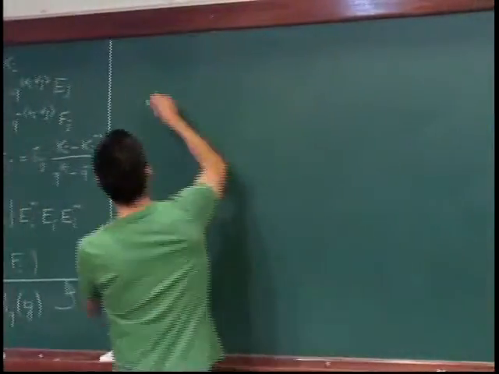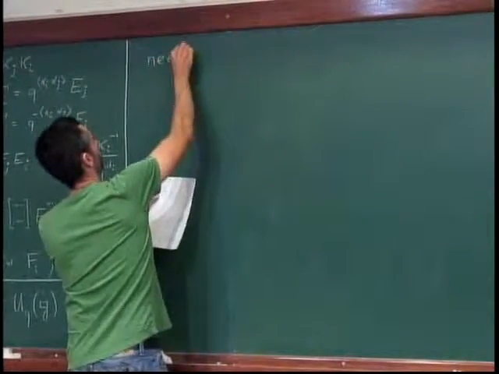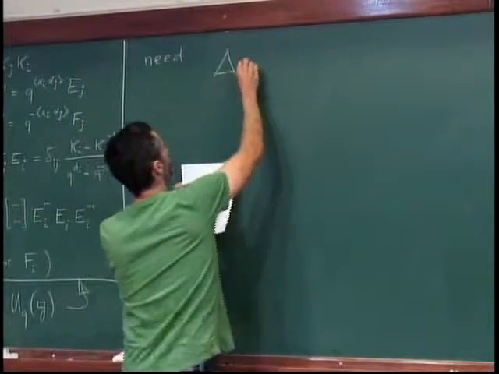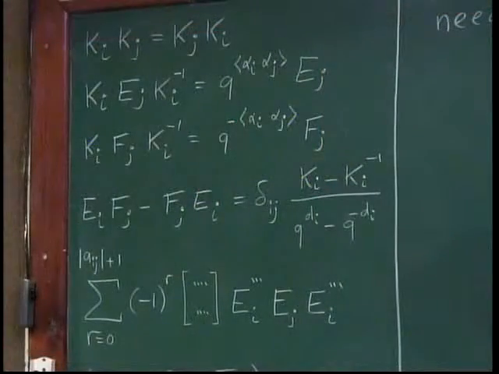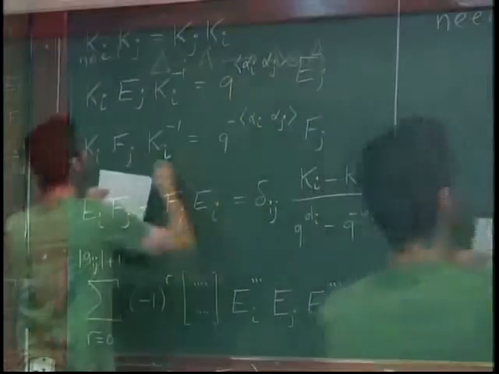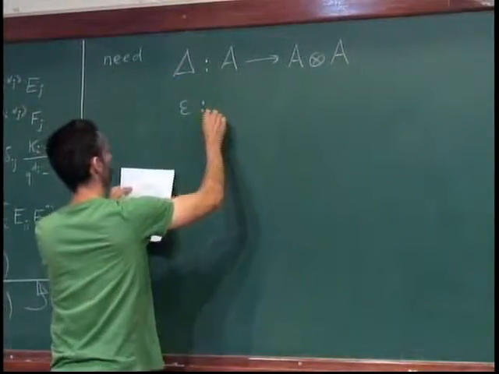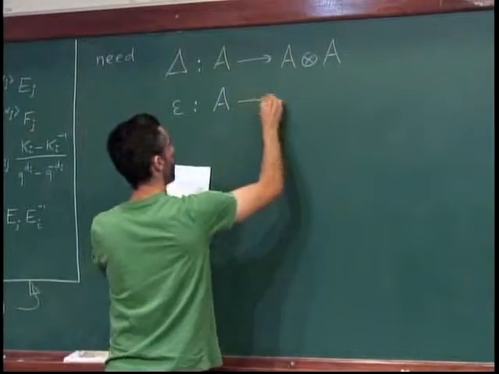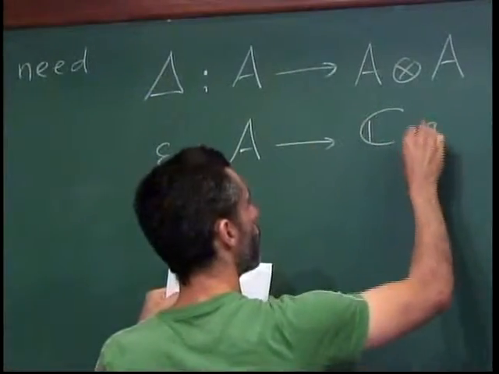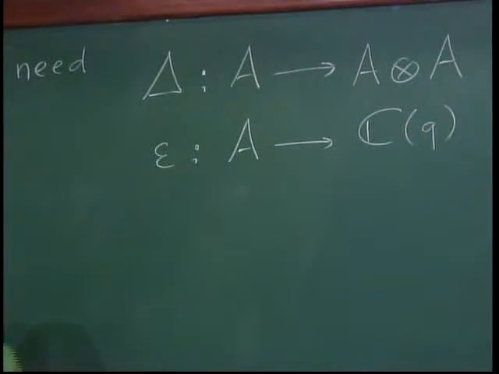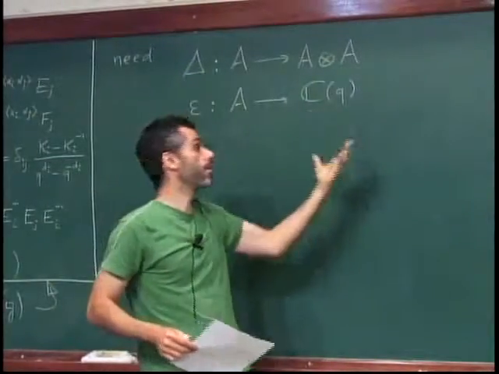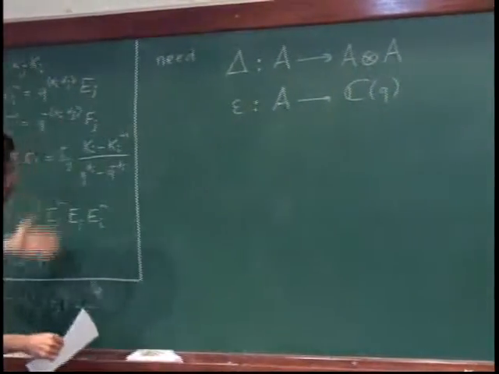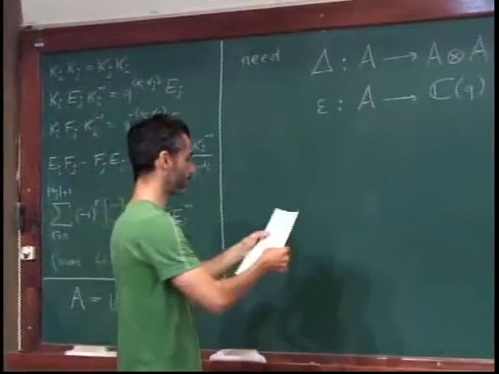So we need a coproduct that goes from A to A tensor A, a counit that goes from A to the ground field, which, well, is not C, it's C adjoin q. But if you take q to be a particular number, then it becomes again C. It depends how you interpret these relations.